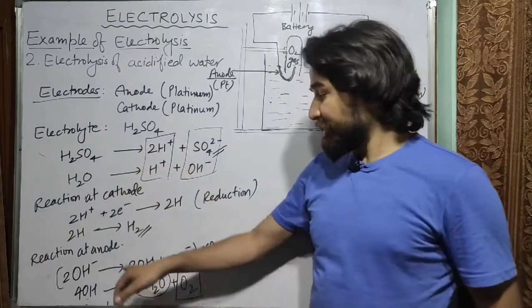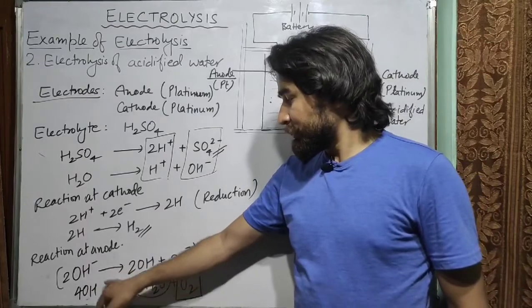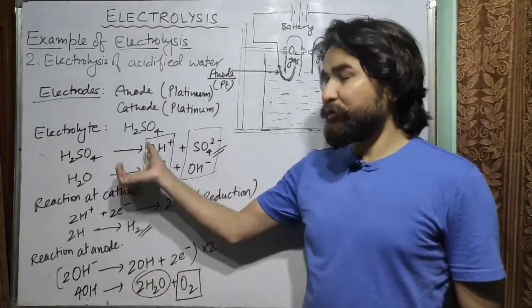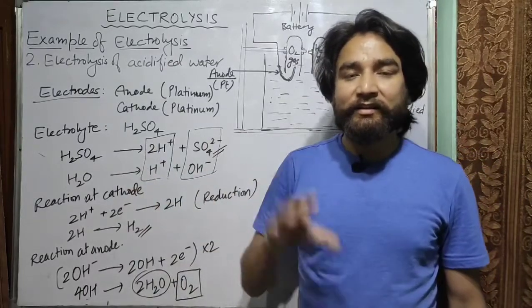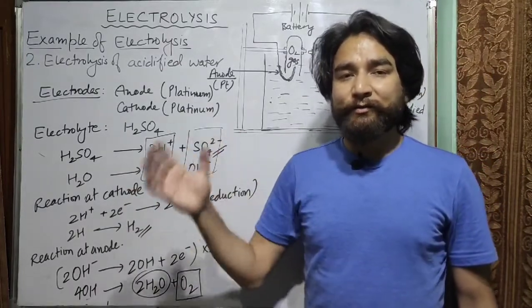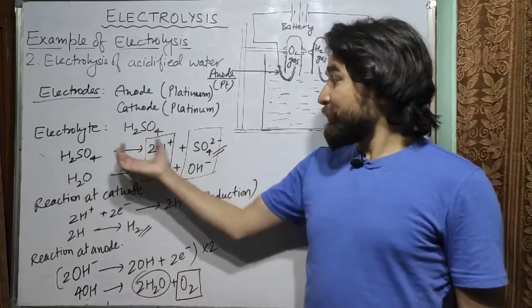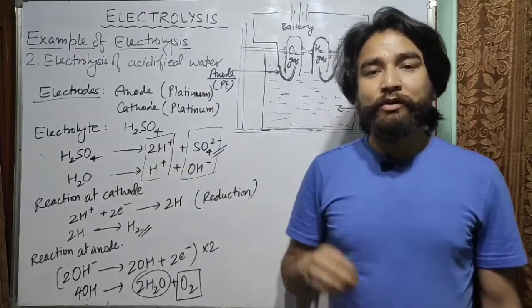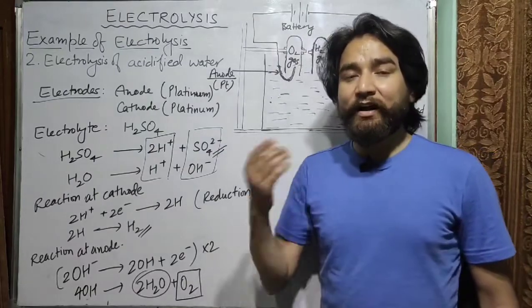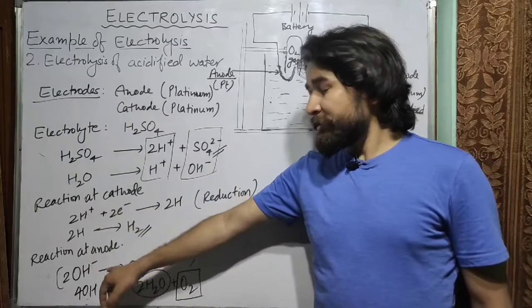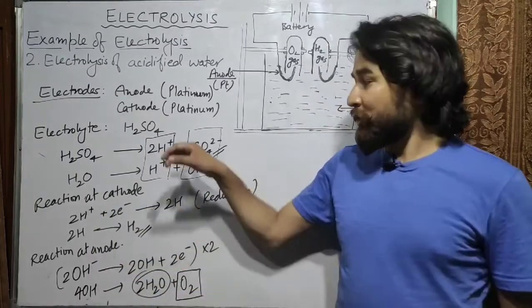Basically water is going for electrolysis while the concentration of sulfuric acid remains as it is in the solution. So sulfuric acid is acting as a catalyst in this process, because it is being used to increase the concentration of ions, while the water is undergoing electrolysis, not sulfuric acid.